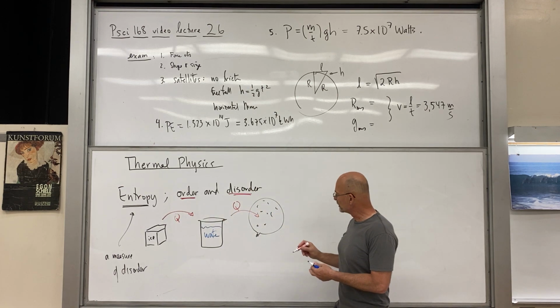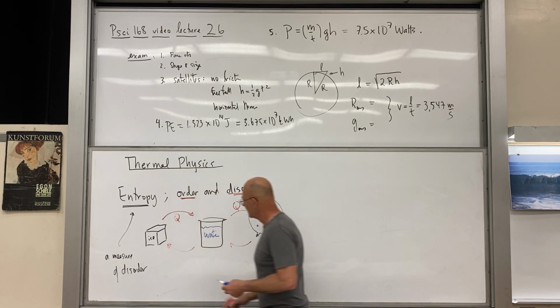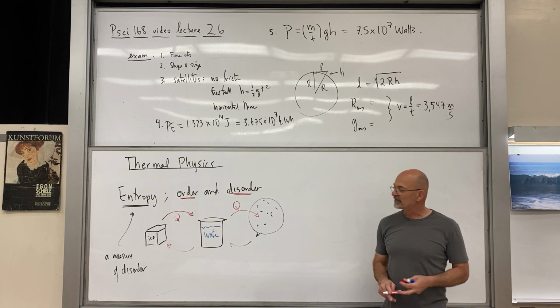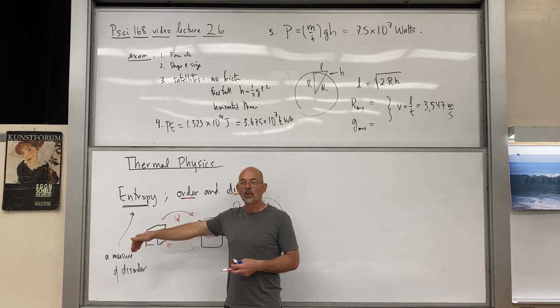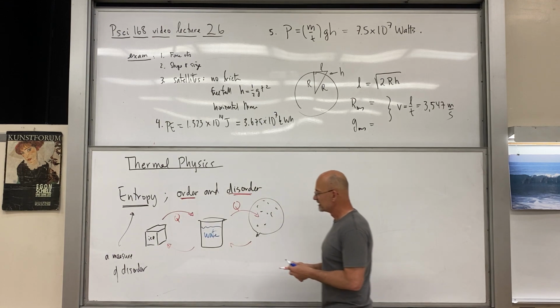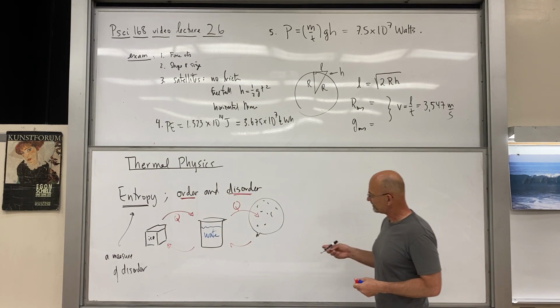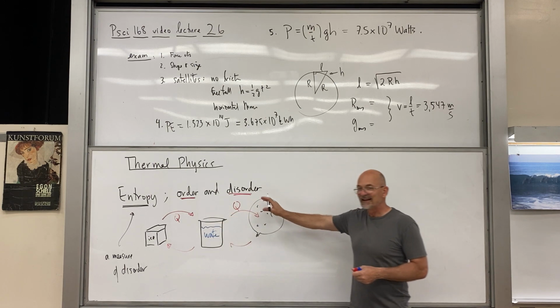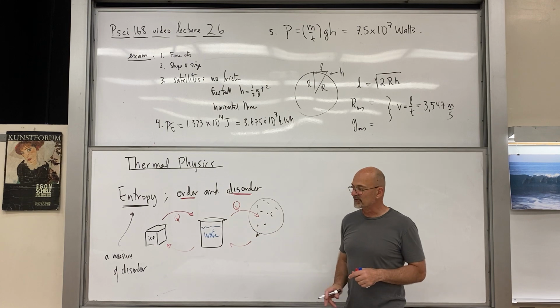And then if we go in the other direction, as we've talked about as well, then the entropy would be decreasing, and it's going from disordered to ordered to even more ordered, okay? So entropy is a measure of the disorder, increasing entropy, increasing disorder.